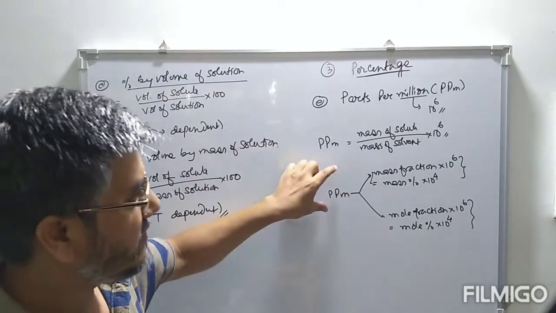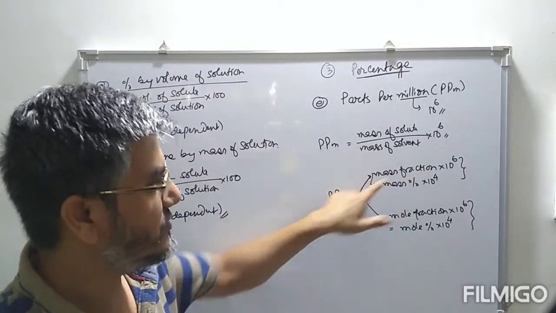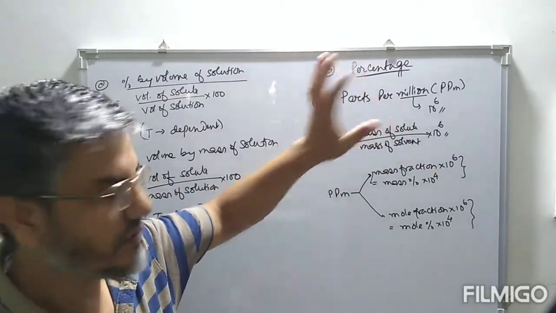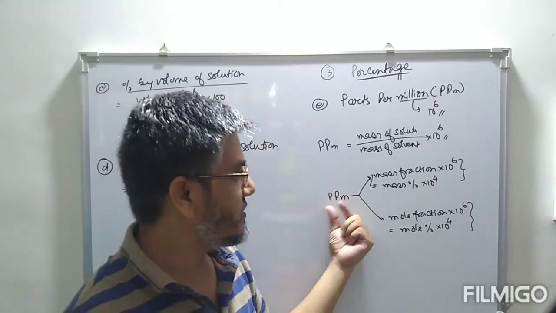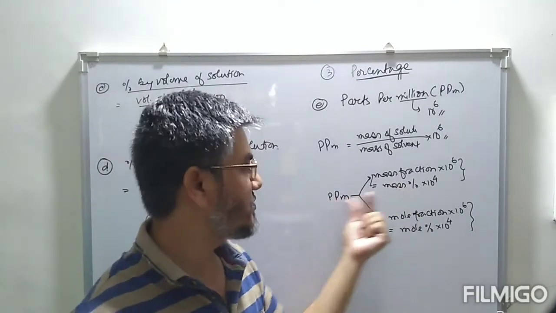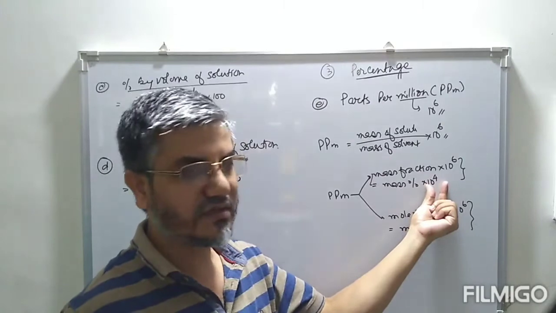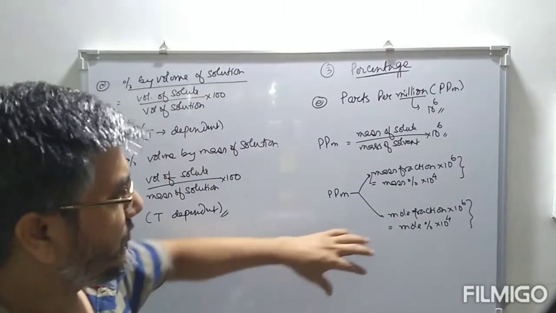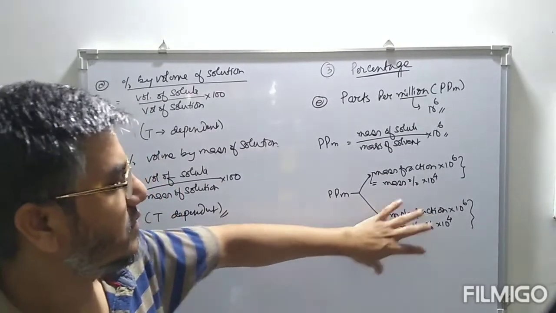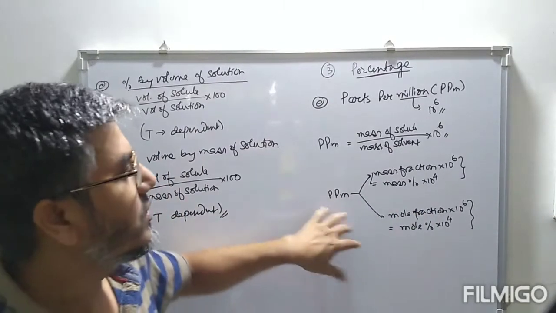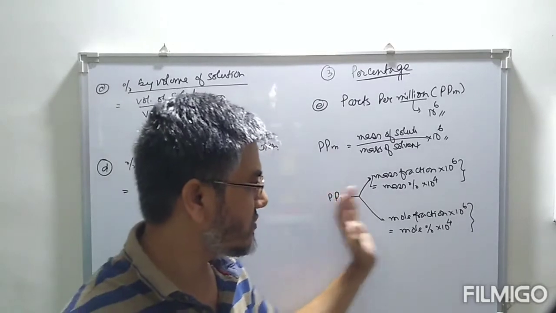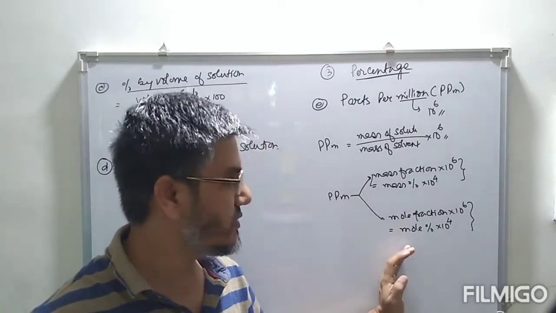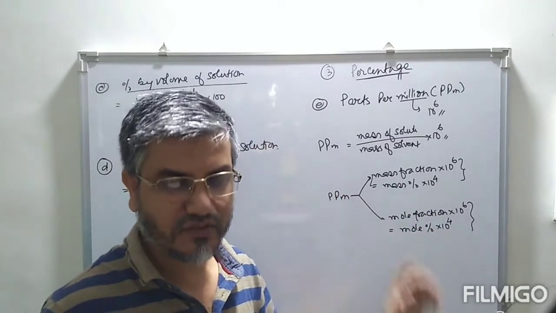So if ppm is given and the question says find the mass fraction, you can use that relationship. Or if the question says mass percentage, convert this ppm into mass percentage, and we can also convert it to ppm by this relationship. Or if mole fraction is given, then also we can find the parts per million. Or if ppm is given, then also we can find the mole fraction of solute or the mole percentage of solute.